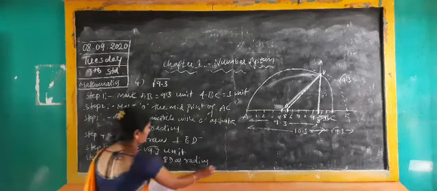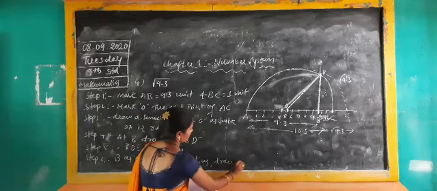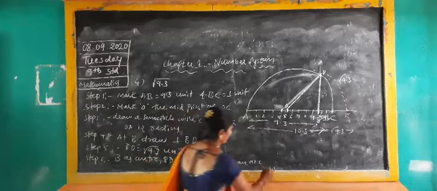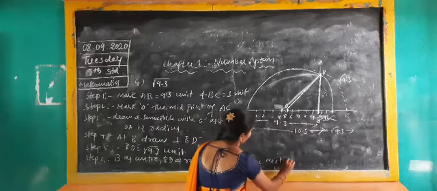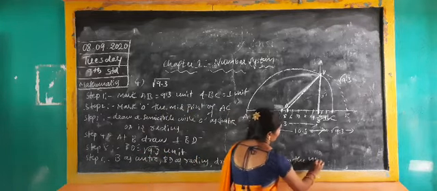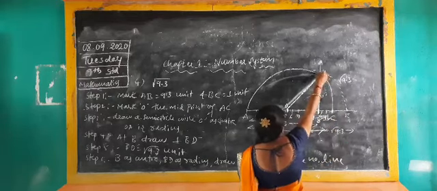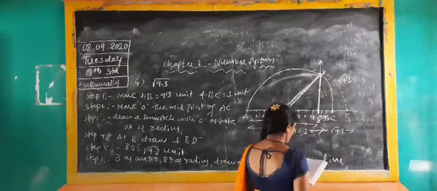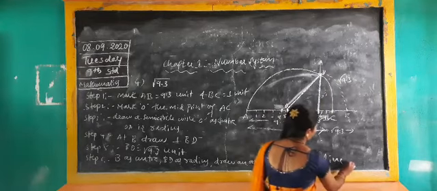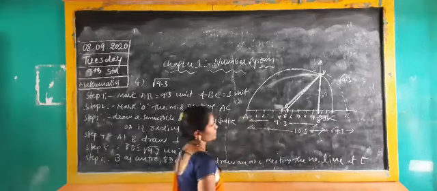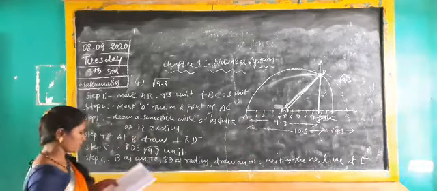With that radius, draw an arc meeting the number line. Here see, draw an arc meeting the number line. It's a number line, yes or no? Drawing the number line at E. If here E, you have to take 1 unit.